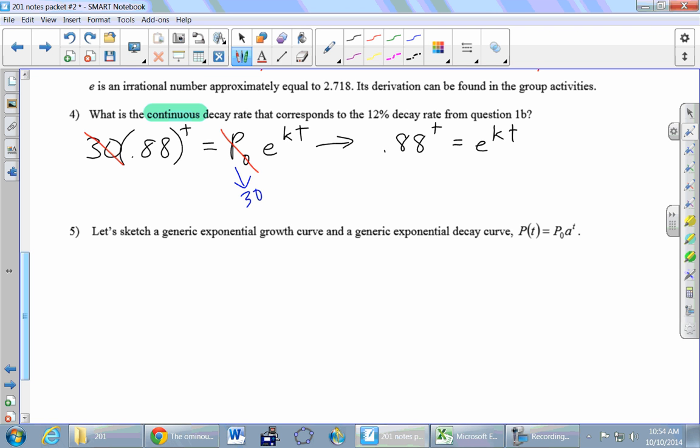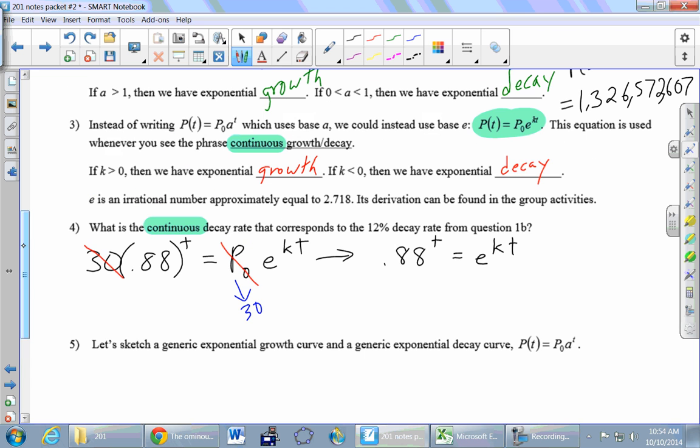One of those letters is the continuous decay rate. It's the k. The t is time. That's passing regardless. E is just a number, even though it's a letter. It's the k that we mean when we say continuous decay rate. So maybe I can circle that there.